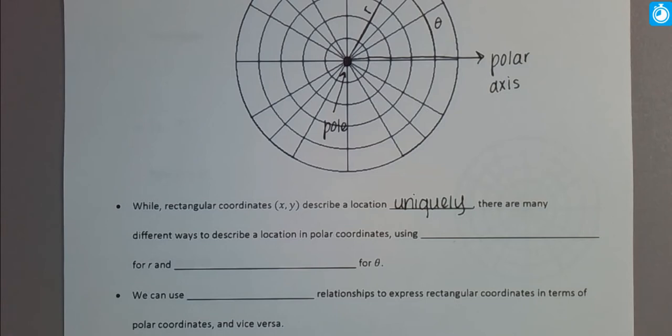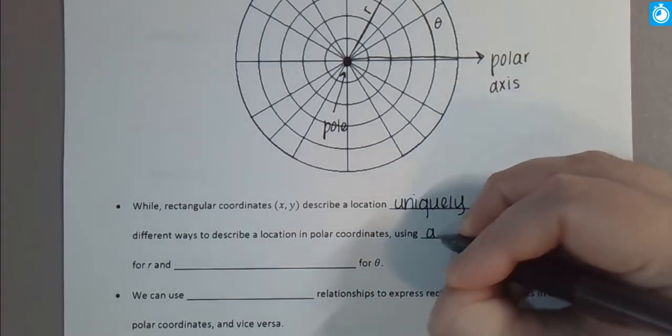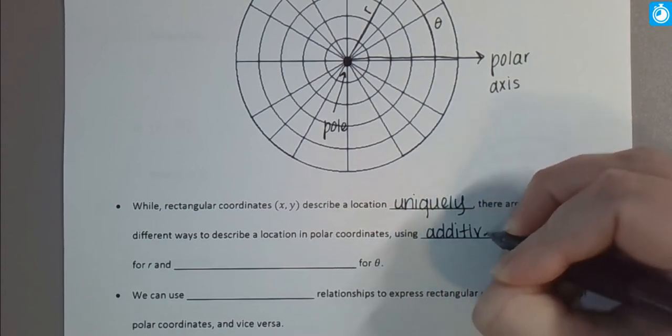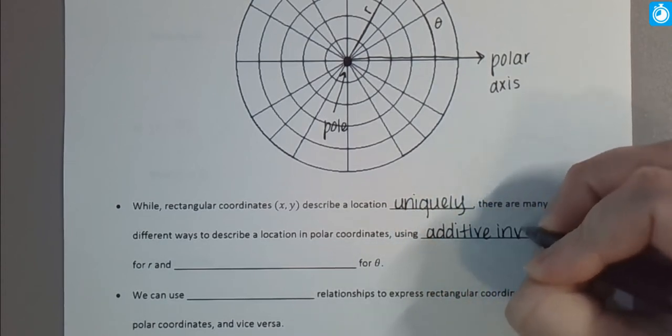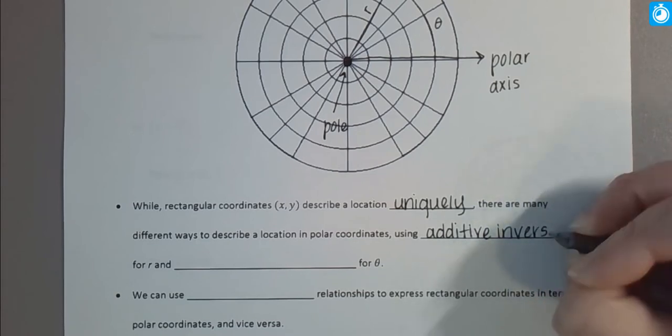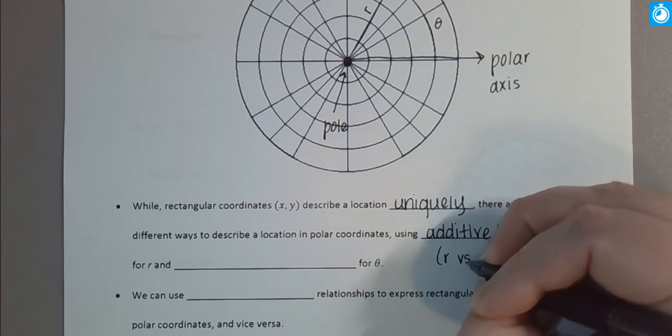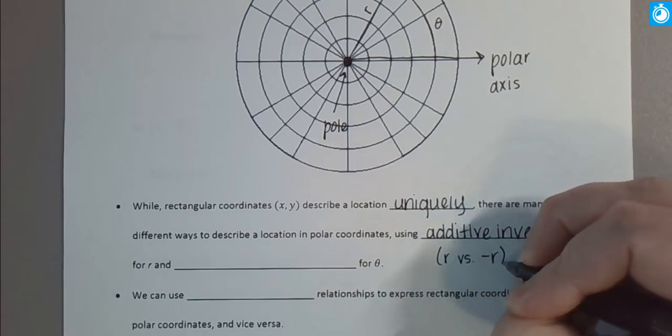So when we're talking about the polar coordinate system, there are actually many different ways to describe a particular location using two different things. Number one, using additive inverses for r. In other words, r versus negative r. What does r mean?